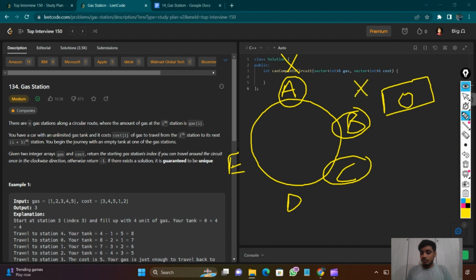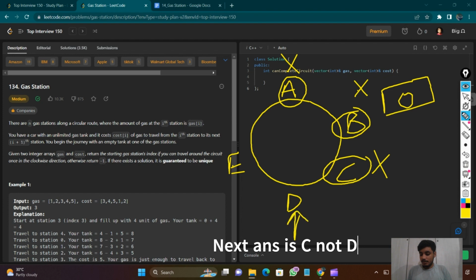So we can move to B and we cannot move to C. That means that A and B are not going to be our solution, and since we cannot move to C, C is also not our solution. So the next possible solution is going to be D. So what we are going to do is change our index, which is our possible answer, which we had taken first as A, to D, and we are going to do the same.